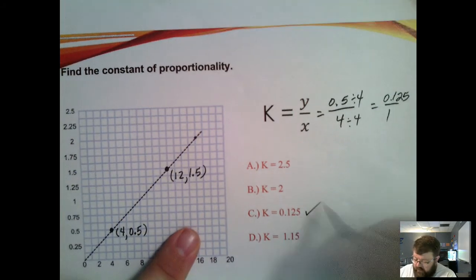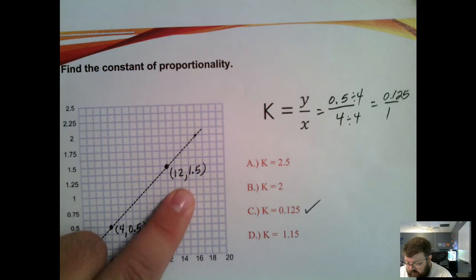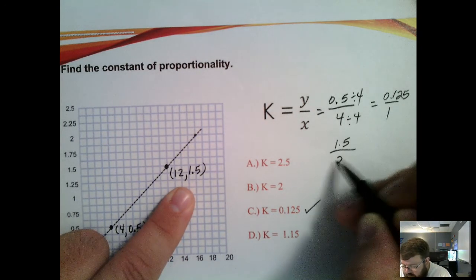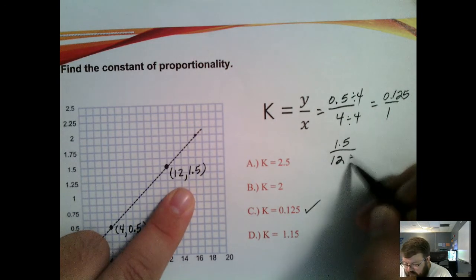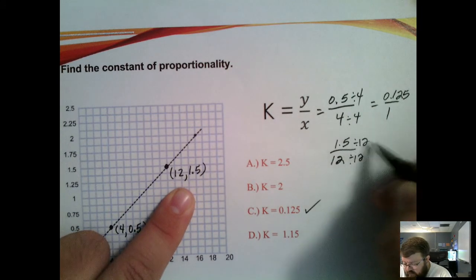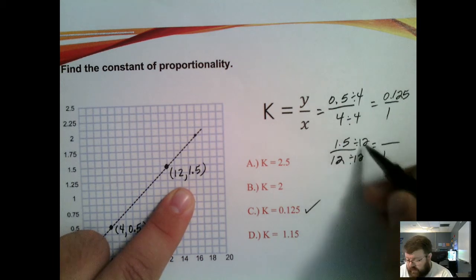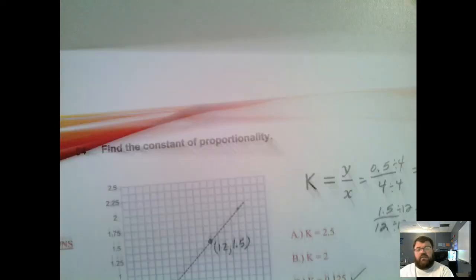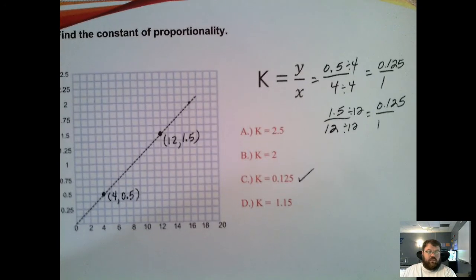So the correct answer here is C. Now, again, you could have chosen this point. You could have done 1.5 over 12, divided by 12. 12 divided by 12 is 1. 1 and 5/10 divided by 12 is 125 thousandths. So it doesn't matter which one you choose.